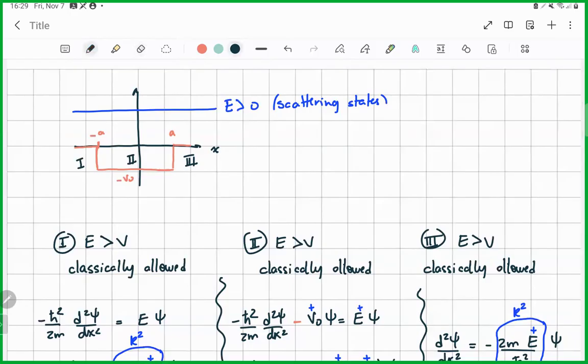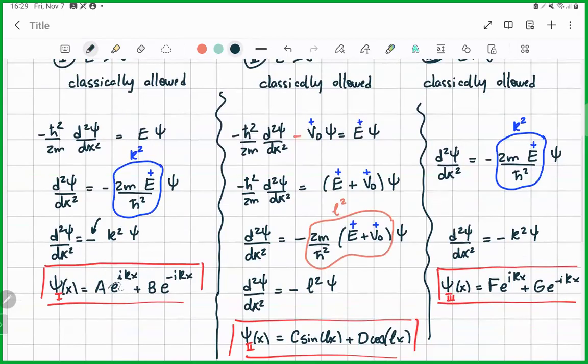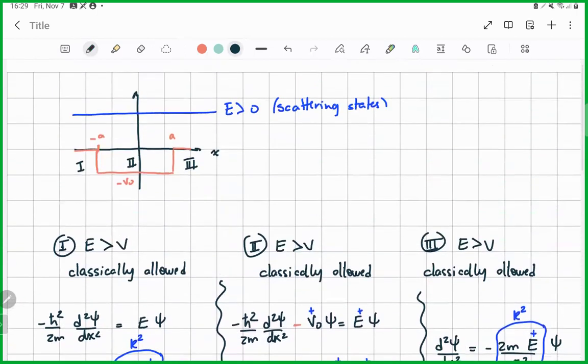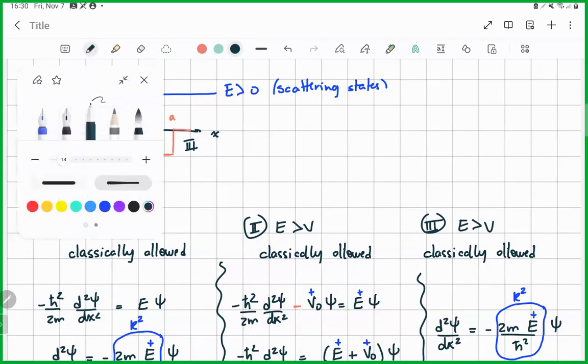What that means then, is that this part of our solution, the A with the plus ikx, once we add to this story the time dependence, will give us the part of the wave that is moving to the right. So that part with the A indicates the one that is moving to the right. Now, when it finds this perturbation here at minus A where the potential changes, part of it gets reflected.